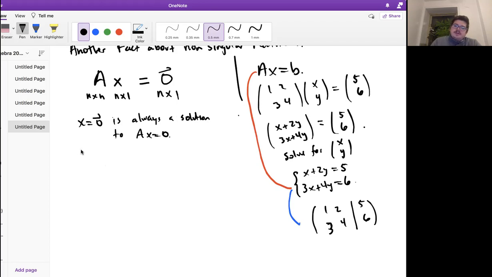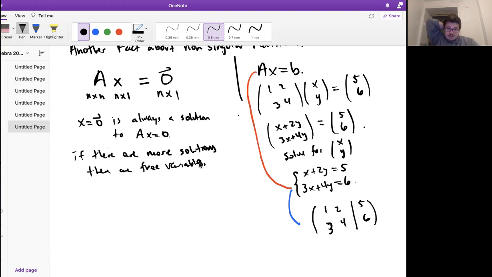And if there are more solutions, there are free variables. Okay, do you remember what these systems are called? Does the name ring a bell after talking about it?